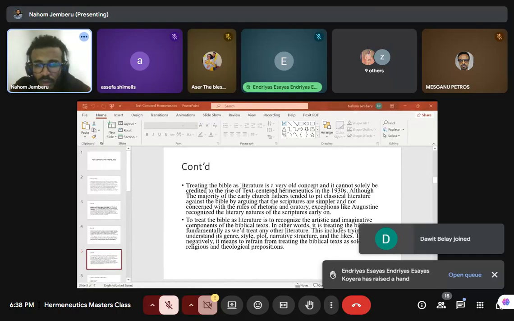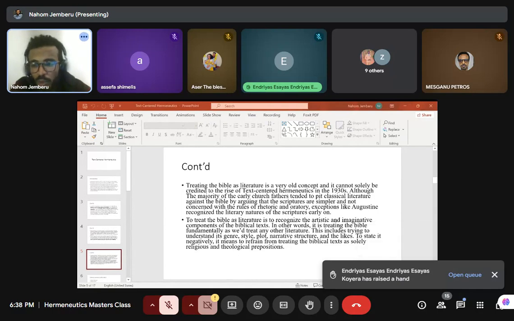To state it negatively, it means to refrain from treating the biblical text as a collection of presuppositions if it actually was written in the literary world of its time. So text-centered approaches, rather than going behind the text, invested their power in understanding the actual text itself, in order to understand how the actual material was organized.